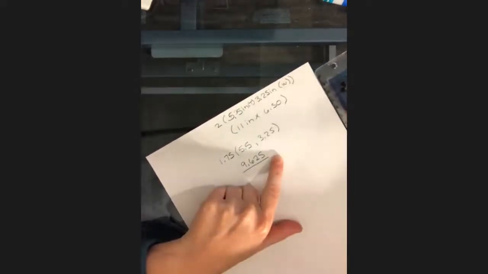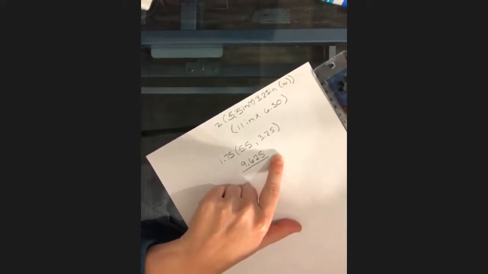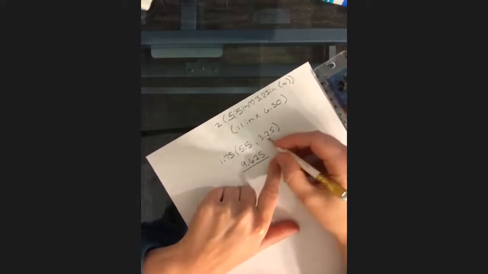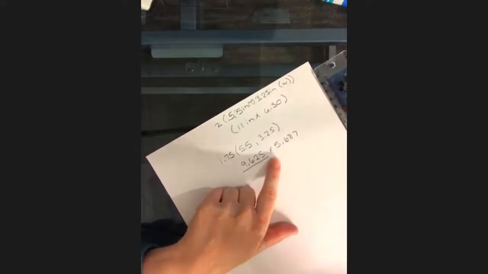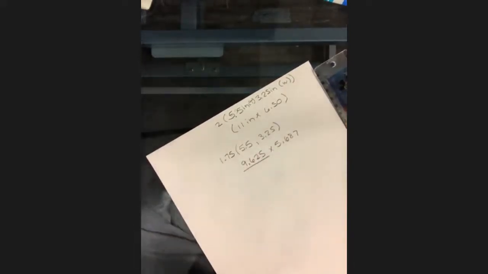And then the other one, 1.75 times 3.25. It's going to be 5.687. Okay.